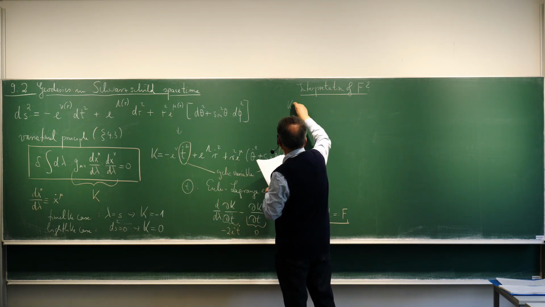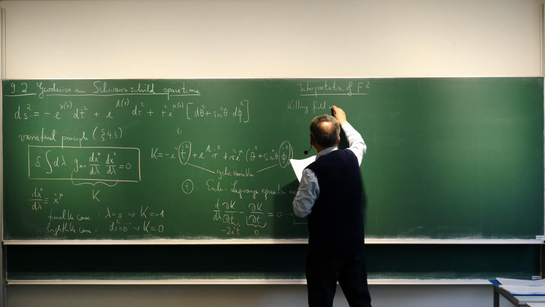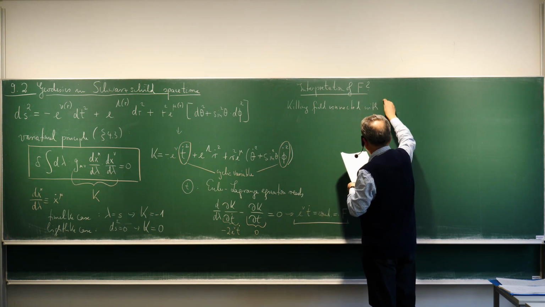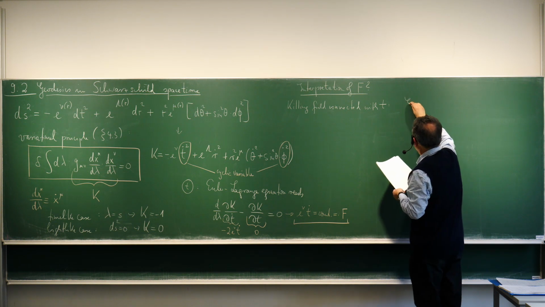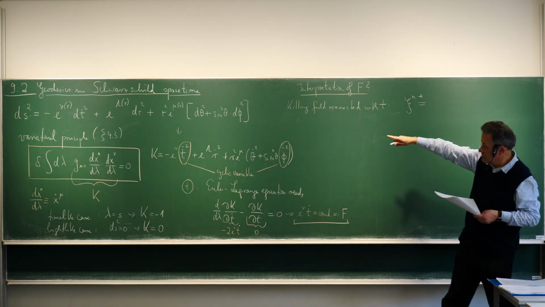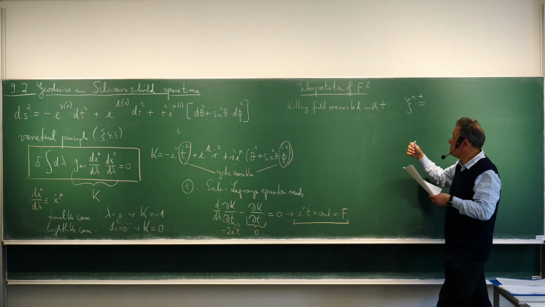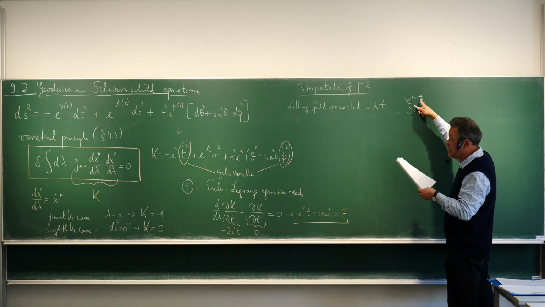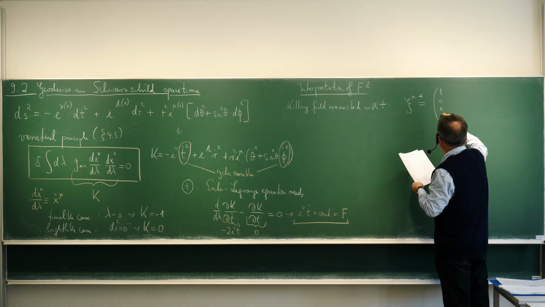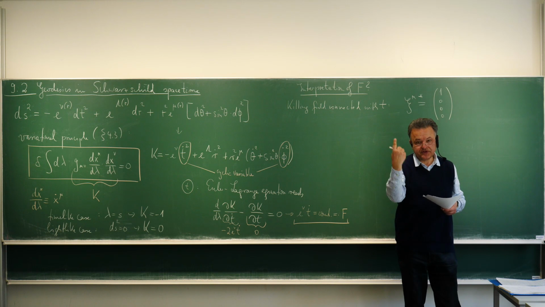So, we have the Killing vector field connected with t, and so this Killing field, if you go into a particular coordinate system, actually the coordinate system written down here, where the metric does not depend on t explicitly, this is why I denote this by a star, it's an equation that is valid in a particular coordinate system, then it's just 1, 0, 0, 0. It's just the vector that points in the t direction.